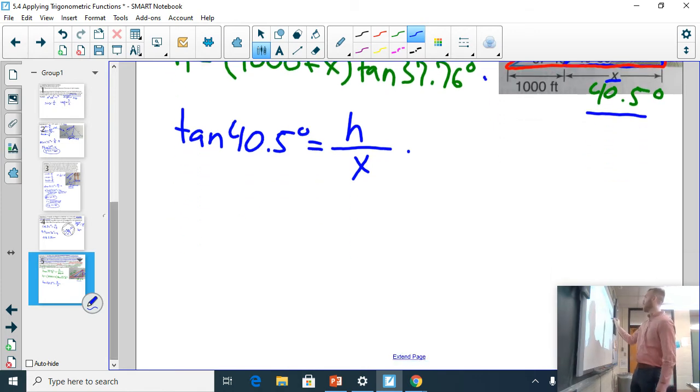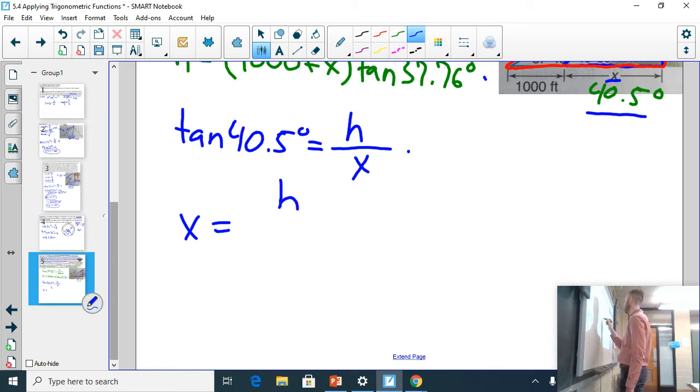So I'm going to multiply that x over and then divide by the tangent of 40.5 degrees, and we'll get x equals h all over tangent of 40.5 degrees.